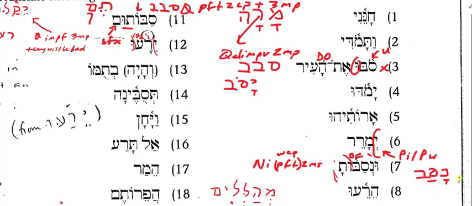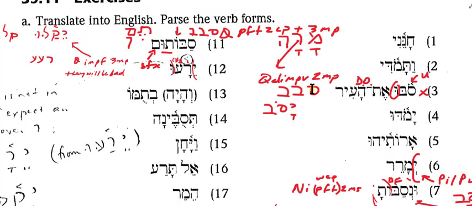Normally it's open and long when I have stress on the next syllable, na sav, but when I add syllables due to the inflectional endings, this is going to reduce to the vocal shava. All right, but there is no Dagesh forte in the nifal perfect of Savav. In the imperfect nifal, there will be. So, Yesav.